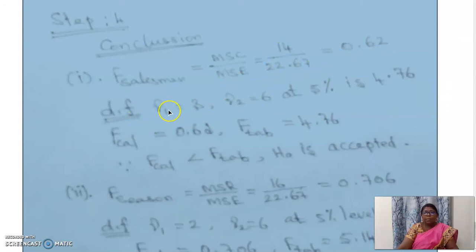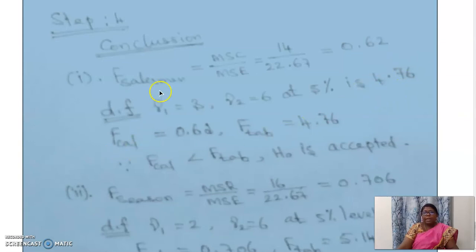The degrees of freedom gamma 1 for salesmen is 3 and the second degree gamma 2 is 6, at the 5% significance level we set in step 1. Using the F distribution table, for degrees of freedom 3 and 6 at the 5% level, the value is 4.76.